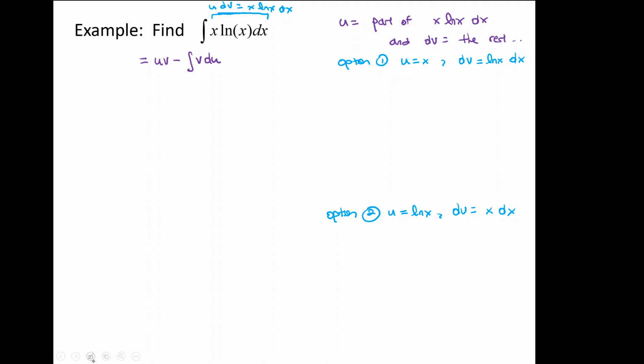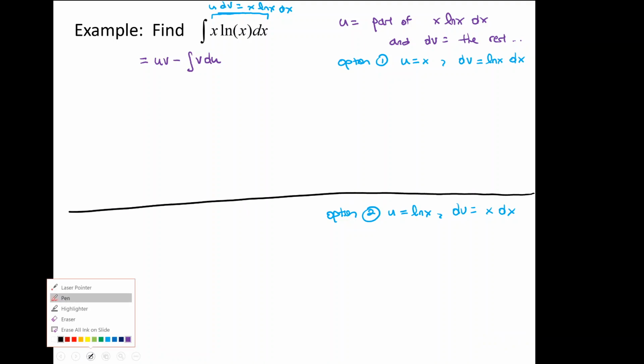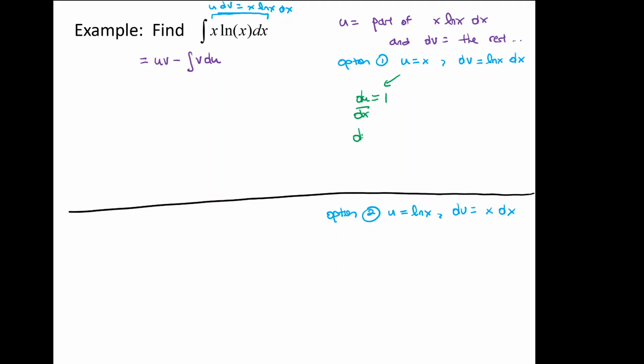Okay, so I'll draw a line through these and see where it takes us. So first option. If u is equal to x, then du by dx is equal to 1. So du is equal to dx. And then we're going to have to integrate. Every time we do this, when we integrate dv, we're always going to get v.